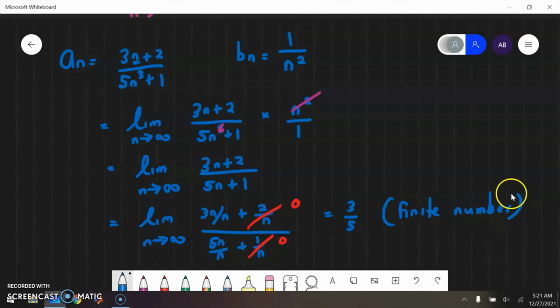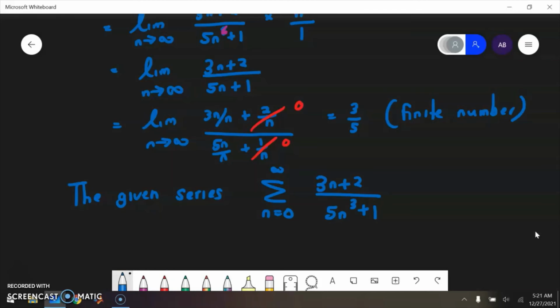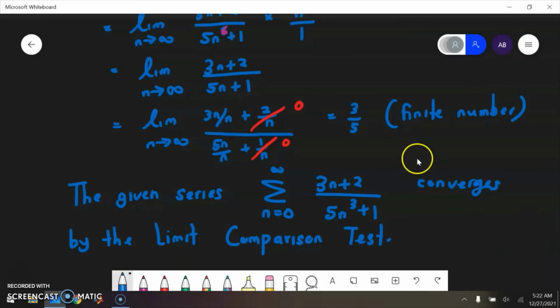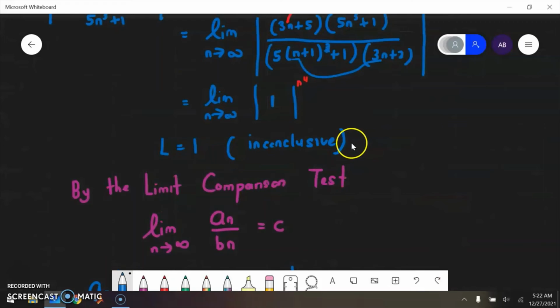Therefore, the given series, the sum from n equals 0 to infinity of 3n plus 2 over 5n cubed plus 1, converges by the limit comparison test.